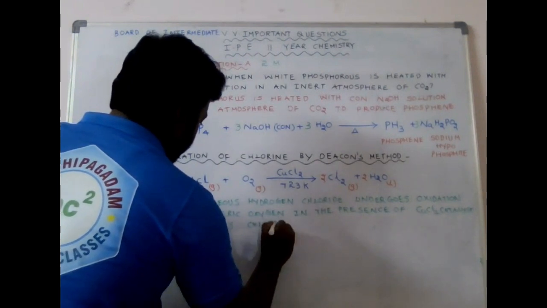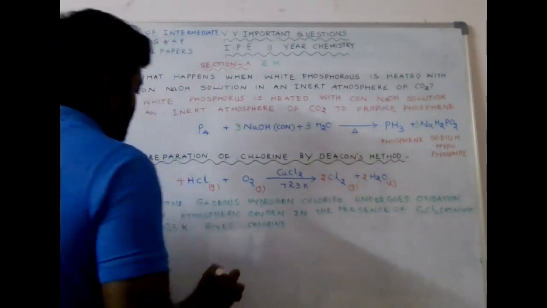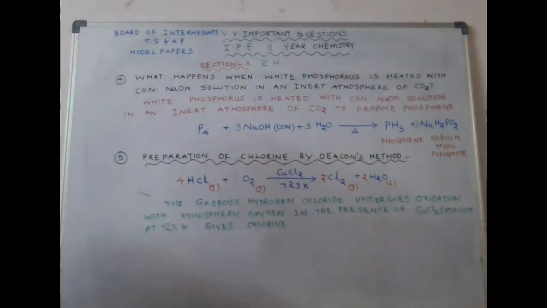This is the statement. Okay, means just I wrote that statement based on that equation. The gaseous hydrogen chloride undergoes oxidation with atmospheric oxygen in the presence of CuCl2 catalyst at 723 Kelvin gives chlorine.